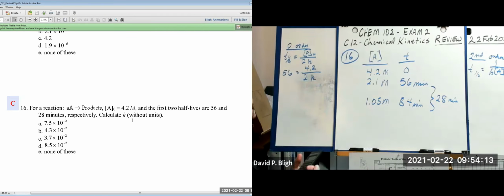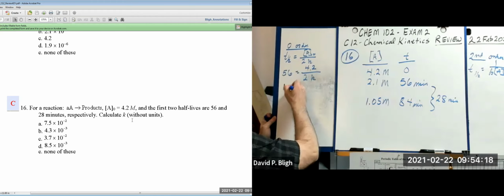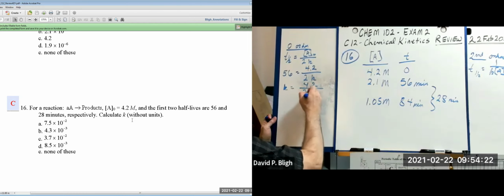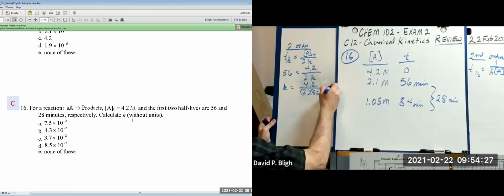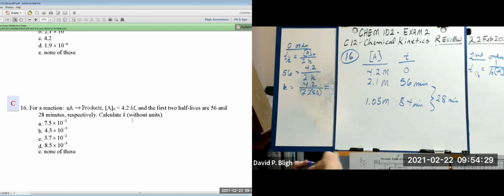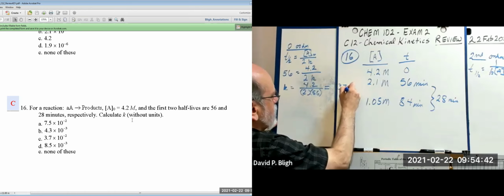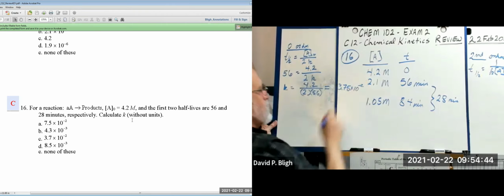So K is equal to 4.2 over 2 times 56. And let's see what that value is. Let's see, 3.75 times 10 to the minus 2.